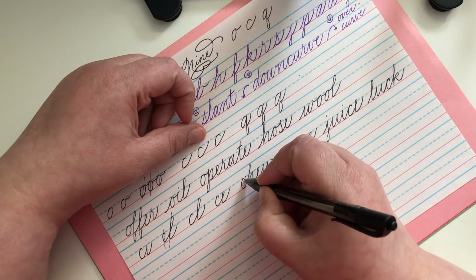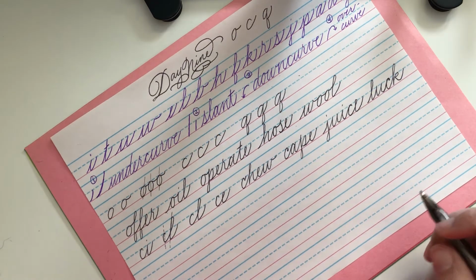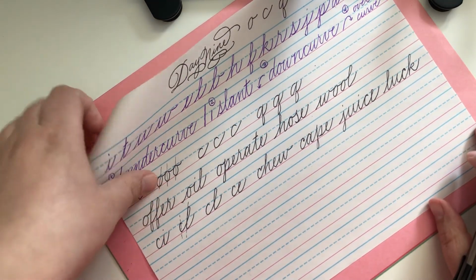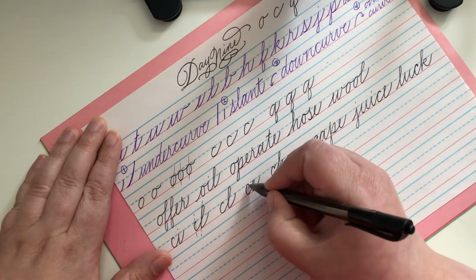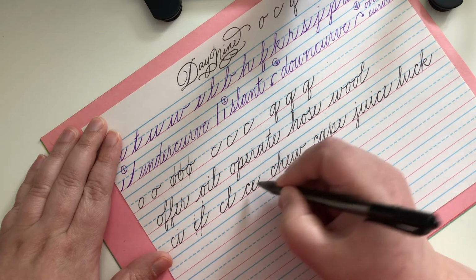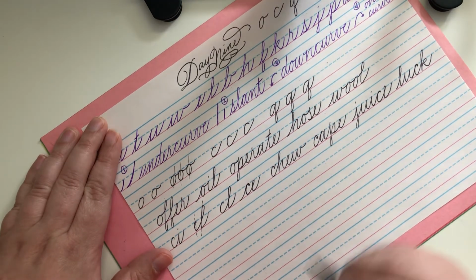Or they'll put a little line. But when you're writing cursive, that takes too much time, so they let you get away with a C. Just make sure that you come over far enough so that it looks like a C instead of an I.